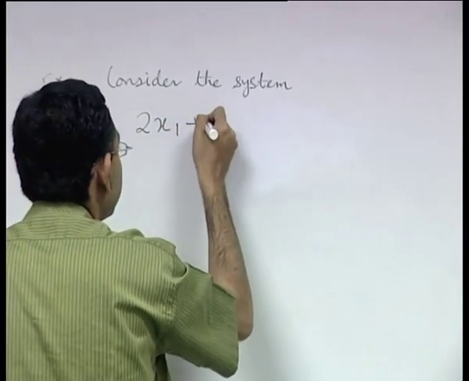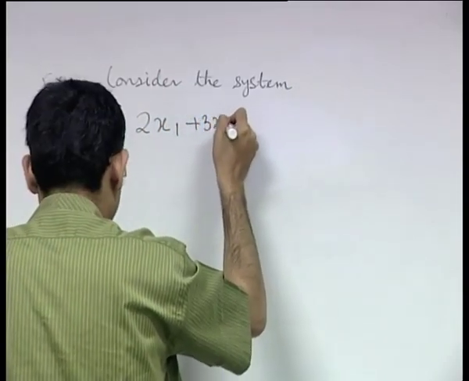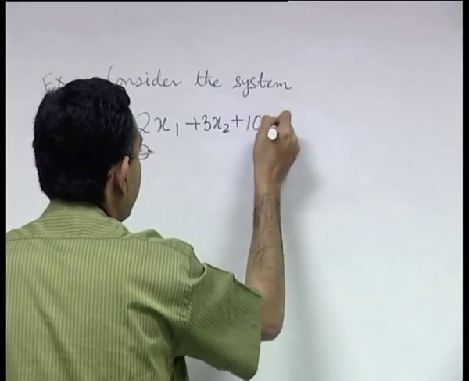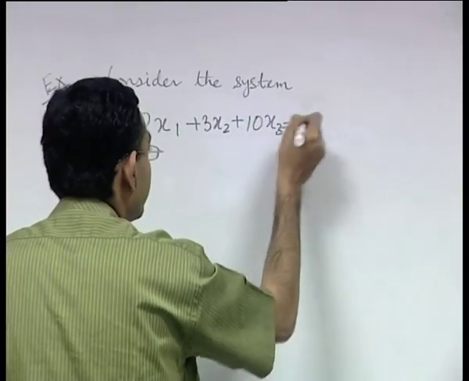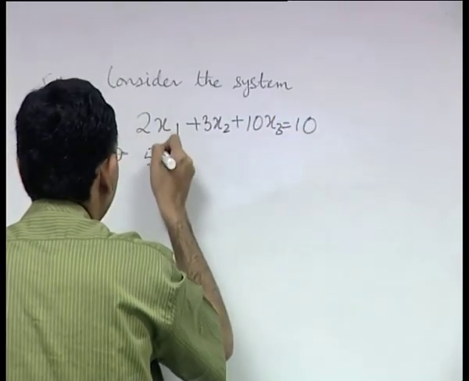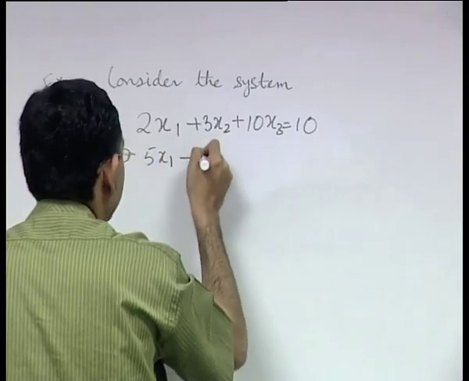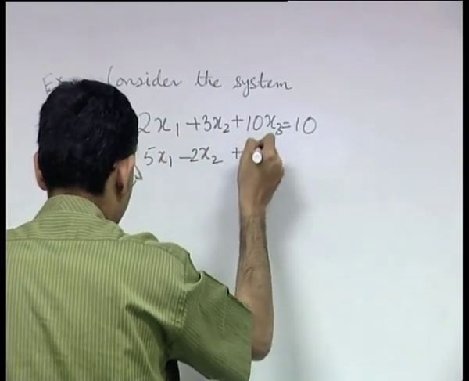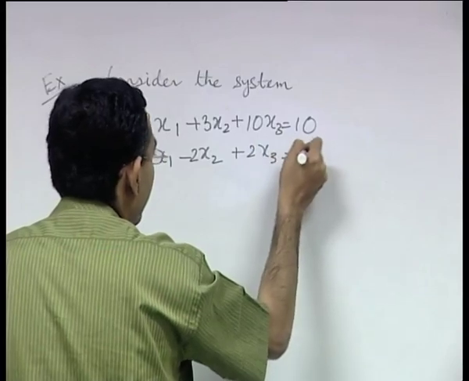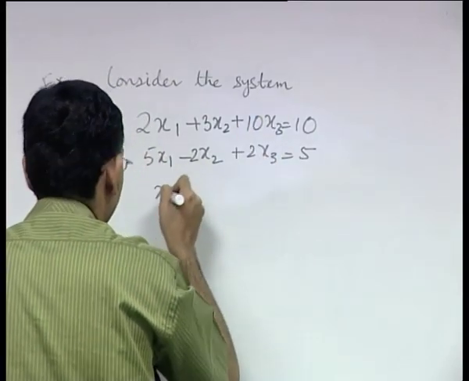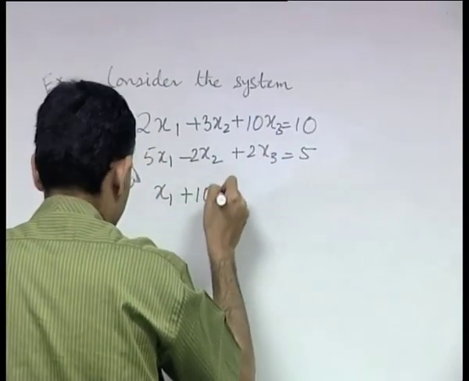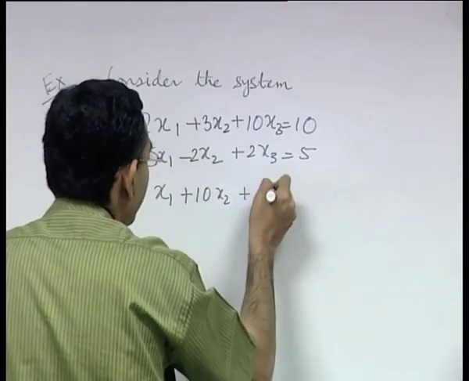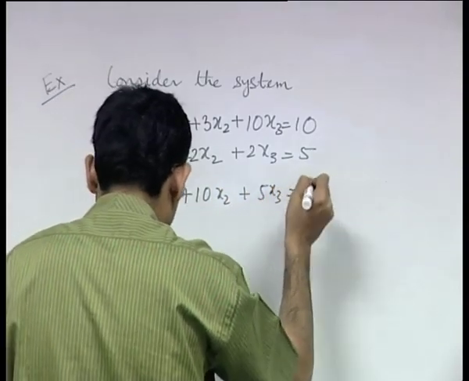Consider the following system: 2x1 plus 3x2 plus 10x3 equal to 10, 5x1 minus 2x2 plus 2x3 equal to 5, x1 plus 10x2 plus 5x3 equal to 6.